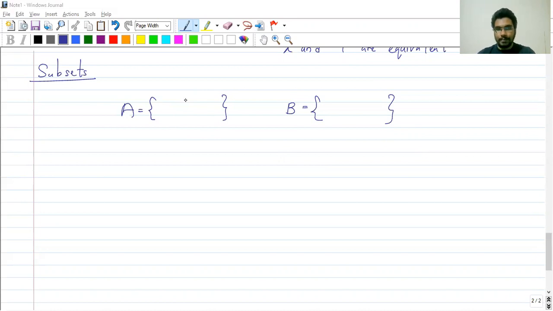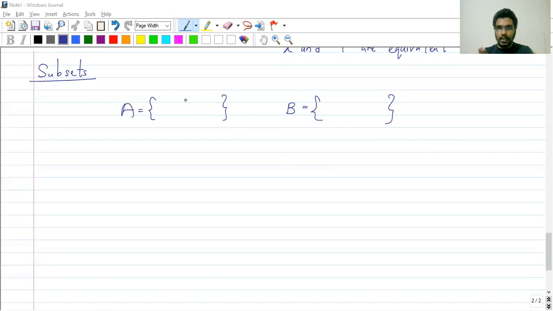Subsets means, this set A also has elements, set B also has elements. So if all the elements in set A, sorry, I repeat it.